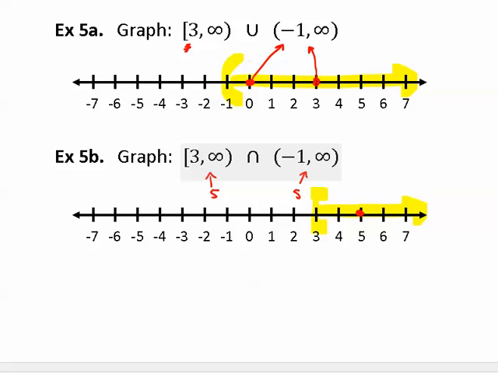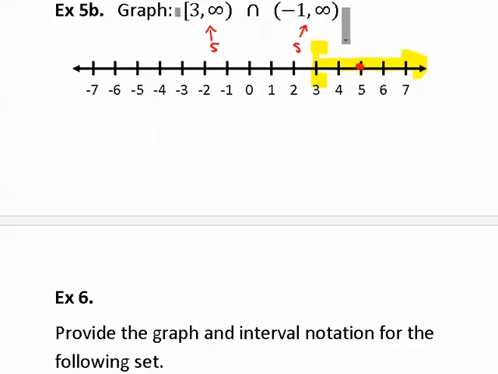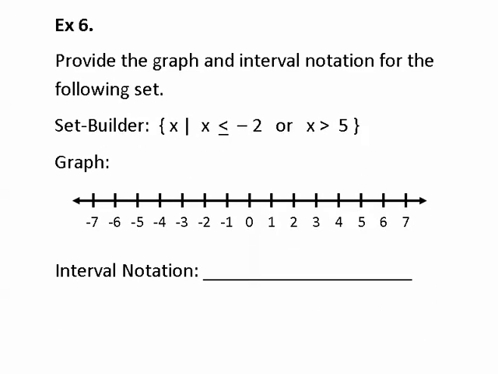Let's look at one more example. We'll look at example 6. And this time the question is asked just a little differently. We have what's called the set builder notation, and it's describing two things. Notice the use of or. So x is less than or equal to -2, or x is greater than 5.